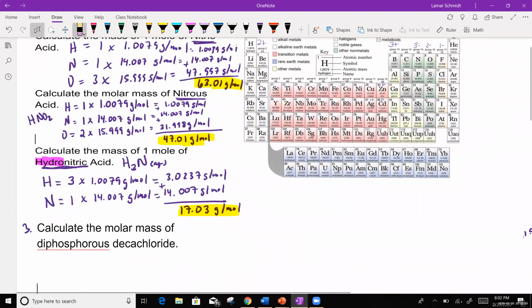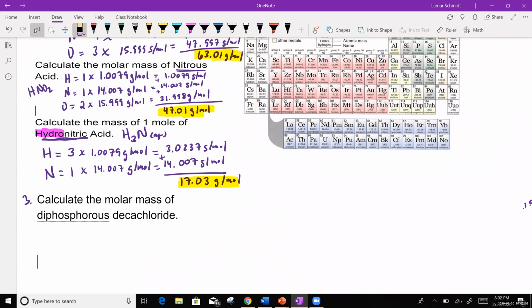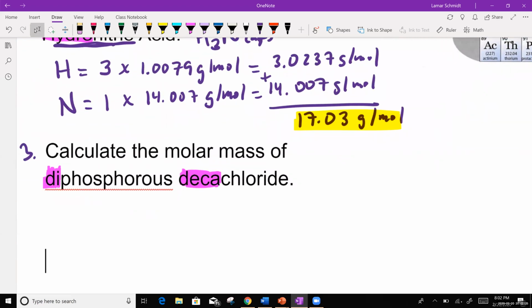So calculate the molar mass of diphosphorus decachloride. So one thing you need to recognize here is that we have a molecule. And when you have a molecule, it's the only type of compound with prefixes. If you see these prefixes, you do not need to look at charges.